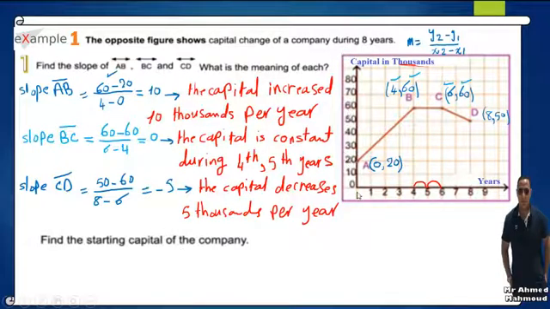The first point here is the point A. This represents the first capital, which is 20,000. This is the first capital in this company.